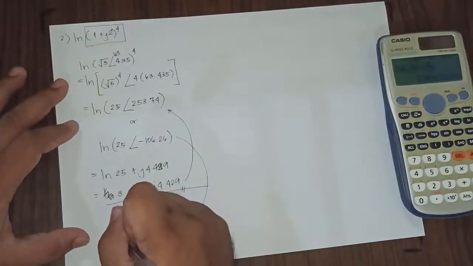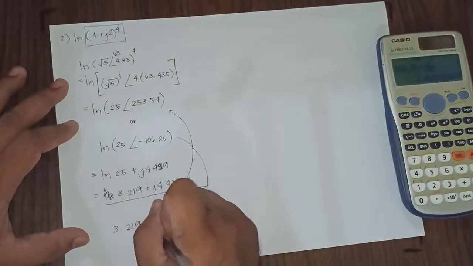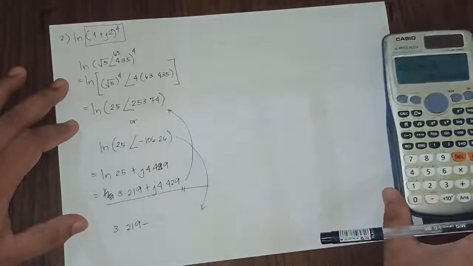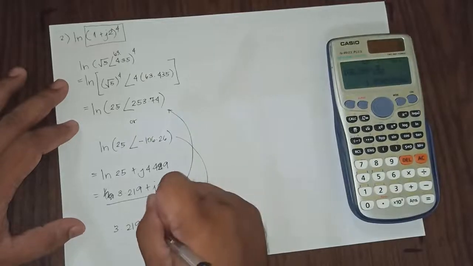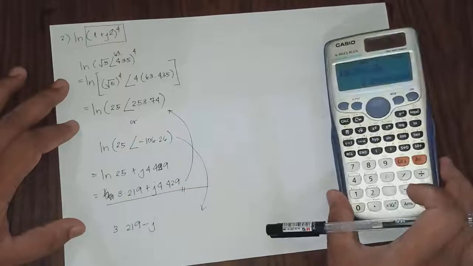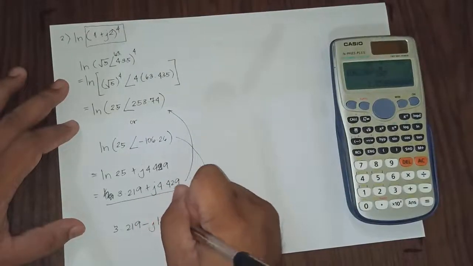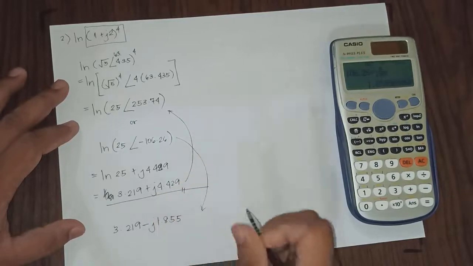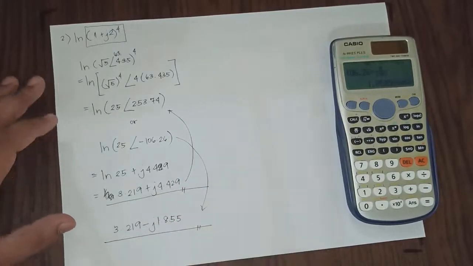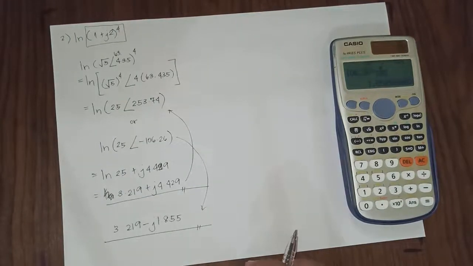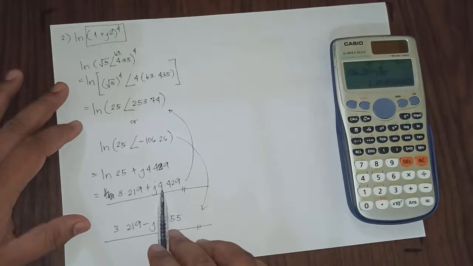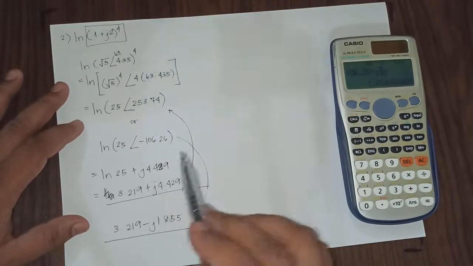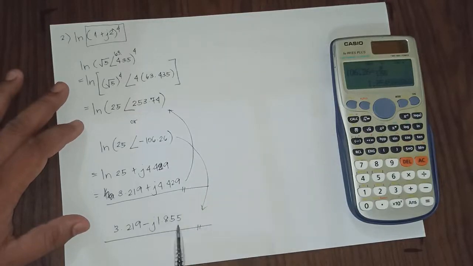Ang sagot din is 3.219 minus j of 1.855. Yan. That is just the same, na? Pareho lang yan ng value actually. Kasi ito, positive lang, no? When it comes to direction, kapag nirepresent siya in terms of Argand diagram, positive lang yan, at saka ito negative.